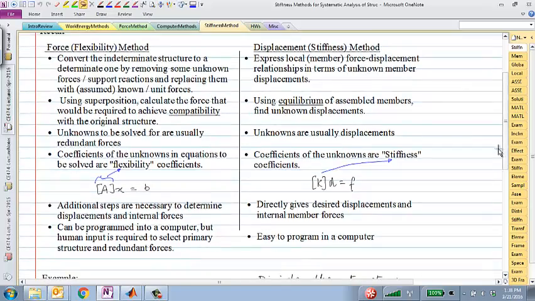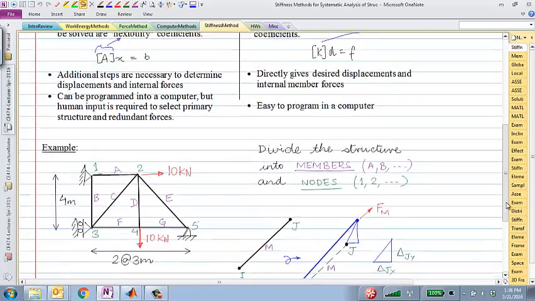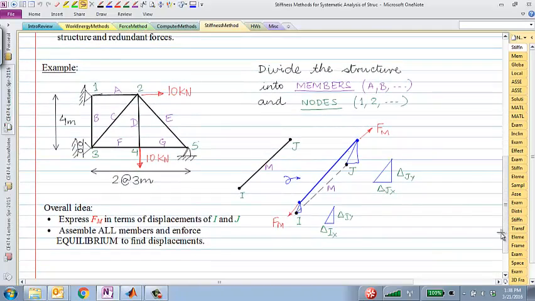All right, so that's the setting in which we are going to talk about the displacement method versus the force and flexibility method. Here's an example of what I'm talking about when we are talking about decomposing a structure into its elements. So here is the exact same truss that we had back in the force and flexibility method.